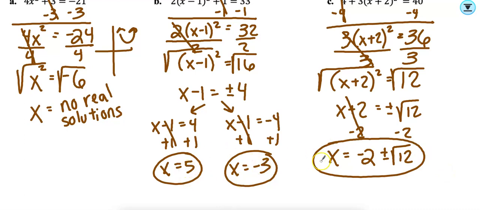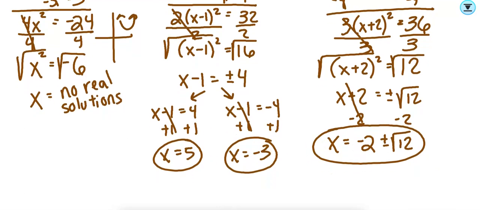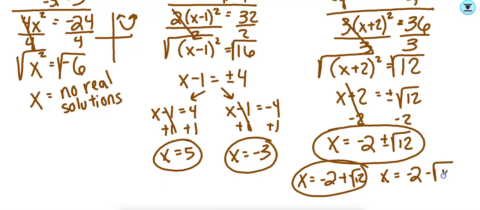Or if you want to split up your answers, you can do that. One answer is negative 2 plus the square root of 12. And the other answer would be negative 2 minus the square root of 12. So again, you can leave it all together with a plus or a minus in the middle, or you can split up your two answers.